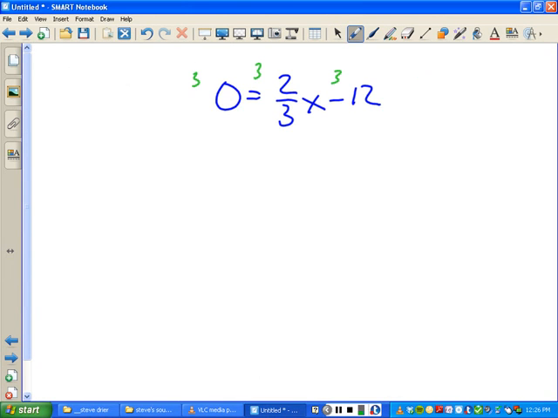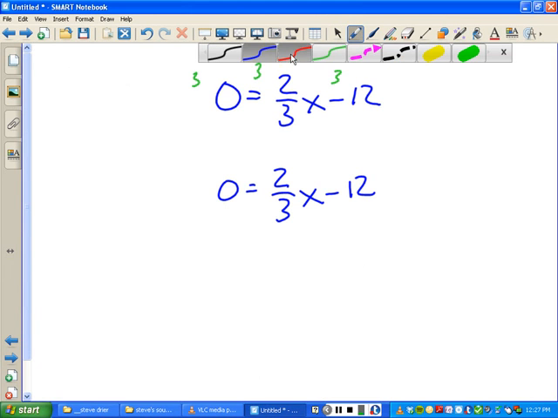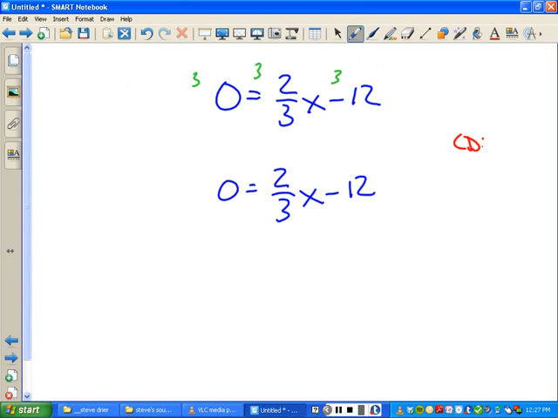When we have 0 equals 2/3 x minus 12, the common denominator is 3. Now, why is that? Well, because 0 is actually over 1 if you don't have anything else there, and 12 is over 1 as well. So the common denominator between 1, 3, and 1 is, in fact, 3.